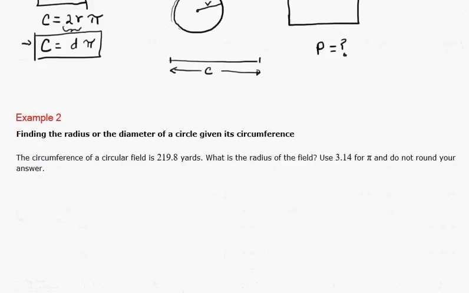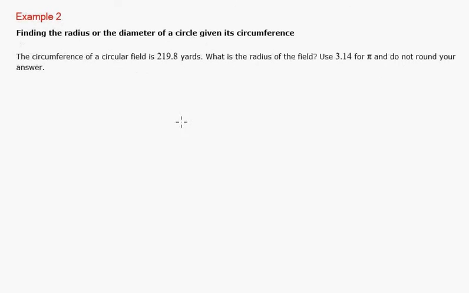Alright, let's see if we can do one really quick. We get the circumference, and we use this for pi. What is the radius? So the circumference equals pi r squared. Did I say pi r squared? That's the area.